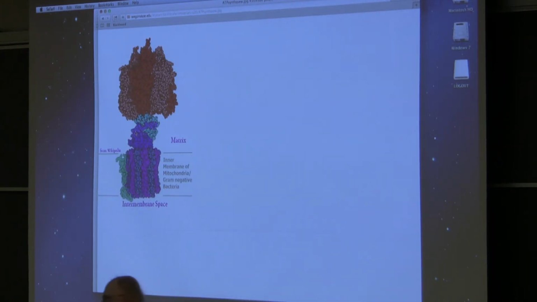This thing that you see on the screen is one of the most amazing proteins that exists in nature. It's called ATP synthase. And this protein is responsible for making about 99% of the ATP in your body.